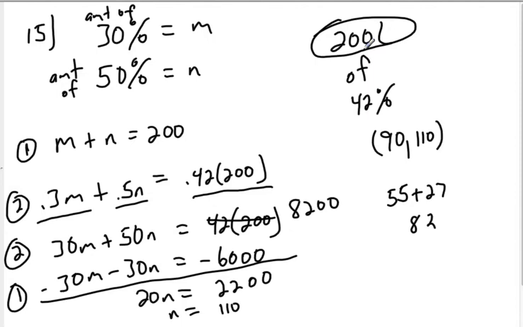So what did I do? Oh, that's what I did. Okay. All right, so my mistake was 42 times 200 is going to be 8,400, not 8,200. So that makes this a 4, and that makes this a 120, which would make this a 60.